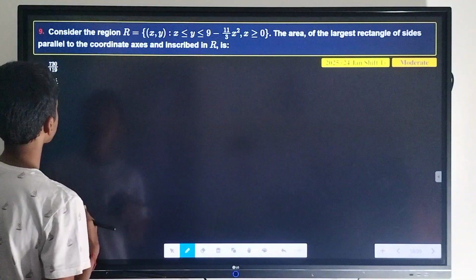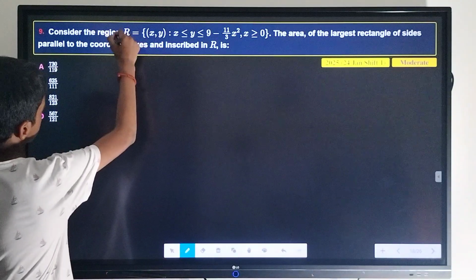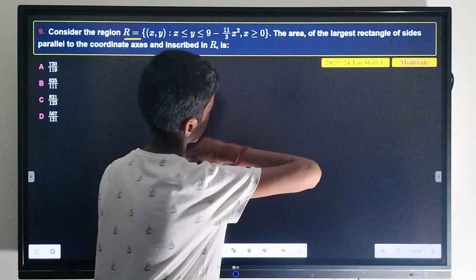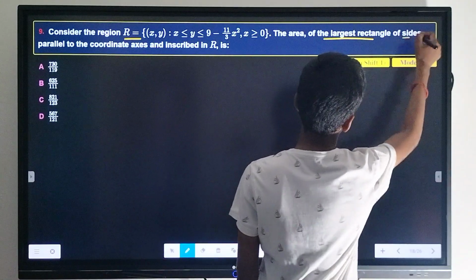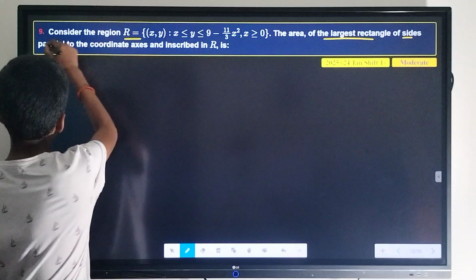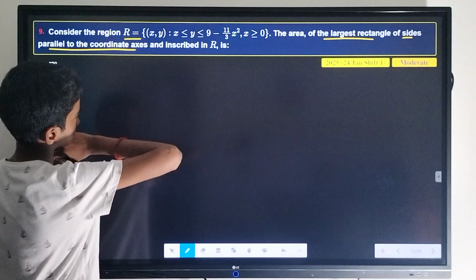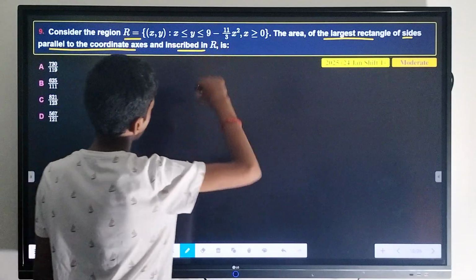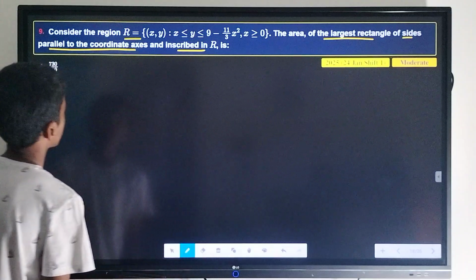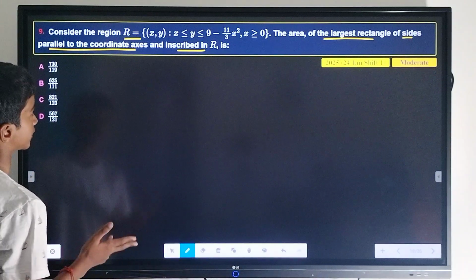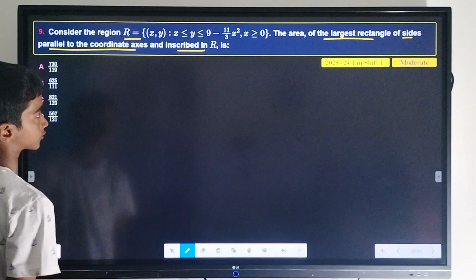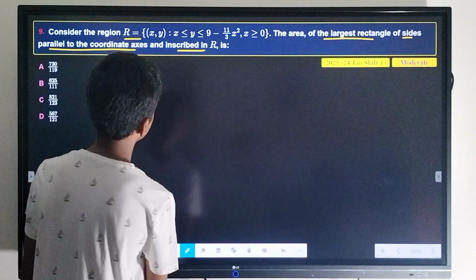Our question says, consider the region R. Here we have our region. The area of the largest rectangle of sides parallel to the coordinate axis and inscribed in R is. So in this question we need to use a little bit of AOD, applications of derivative also, to solve this question.